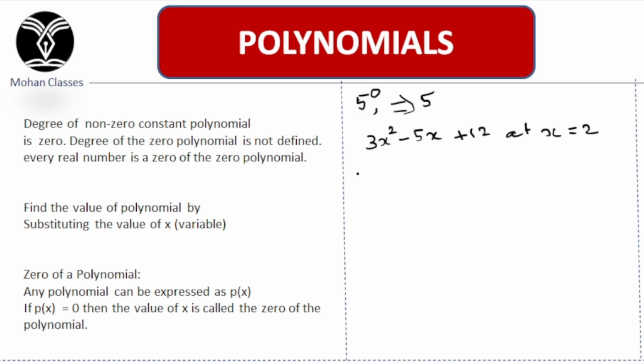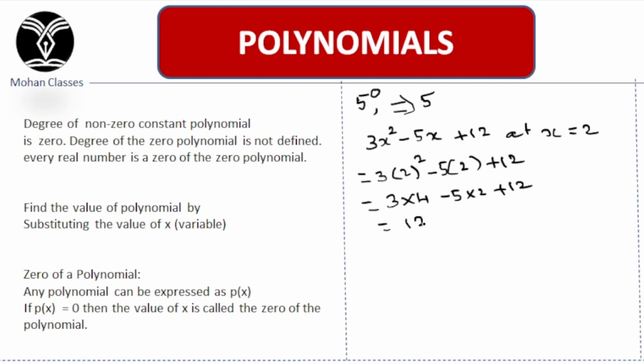What will you get? 3 in place of x we put 2, minus 5 in place of x we put 2, plus 12. So 3 into 2 square means 3 into 4, minus 5 into 2, plus 12. So 3 4s are 12, minus 5 into 2 is minus 10, plus 12.